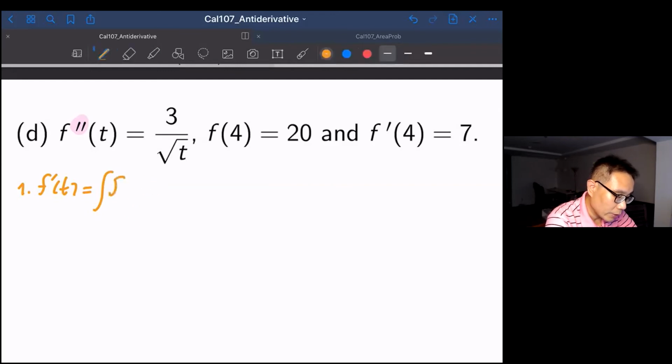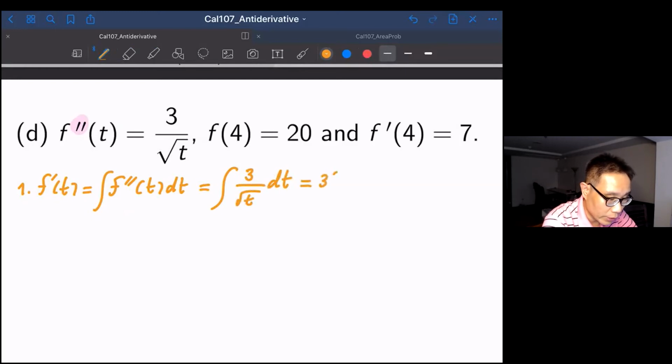So f prime t equals the integral of f double prime t dt, and you just integrate 3 over root t dt. You get 3, and integrating 1 over root t, I told you it's going to be 2 root t, plus c. And here we're going to find c.